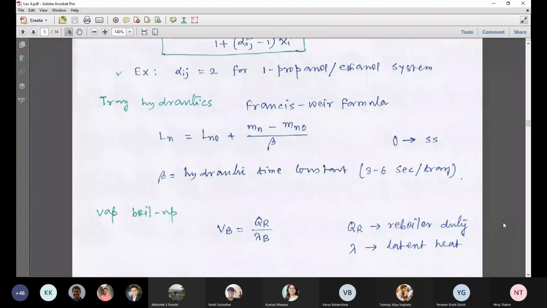Correct. What's your roll number? Yes, absolutely correct. Clausius-Clapeyron equation. I think everyone can recall this equation.